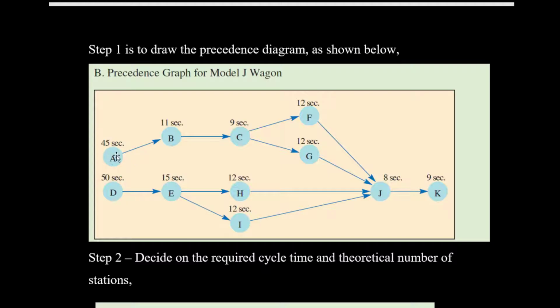It clearly shows A and D can be started without any requirement, B can be done only after A, C can be done after B, and J will be done only when F, G, H, I are finished. It takes 8 seconds, and then the last activity K takes 9 seconds. So this is a precedence diagram. Please do not confuse this with the critical path method. There is no relationship between the two methods.